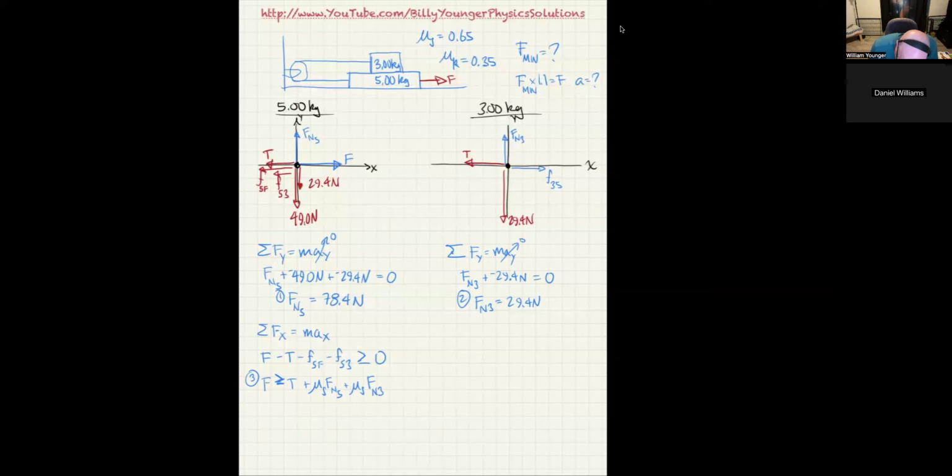Now I'm going to do the summation of forces in the x direction is equal to mass times acceleration in the x direction. In this case, we're again trying to assume that the acceleration is going to be the bare minimum. So let's see what can happen. I might not even need it too much, but I'll write it out either way.